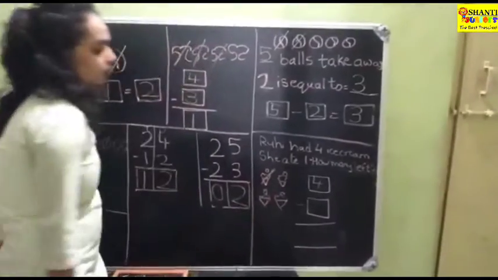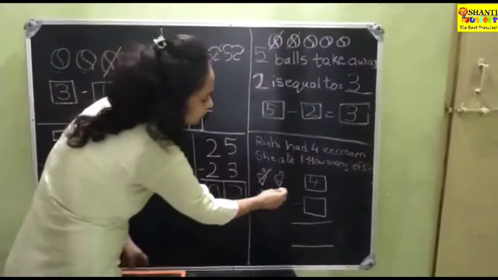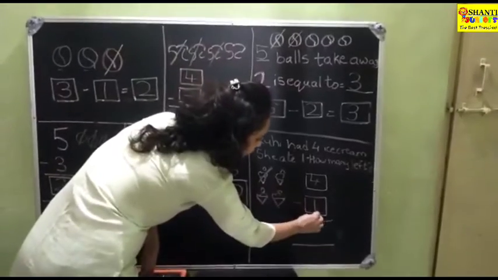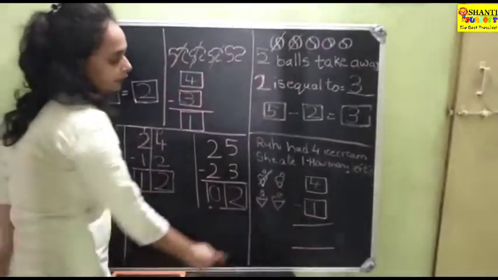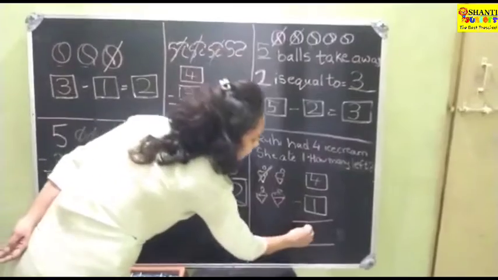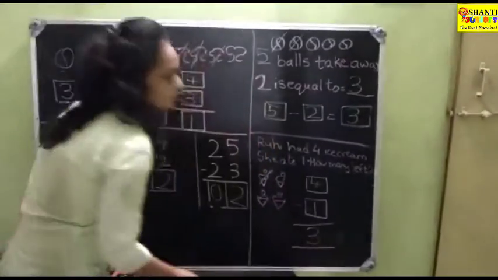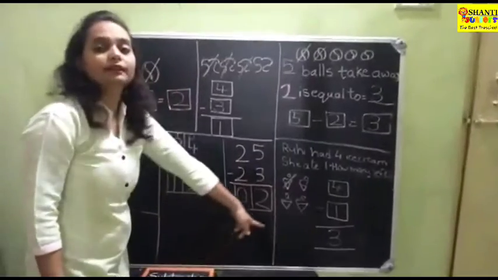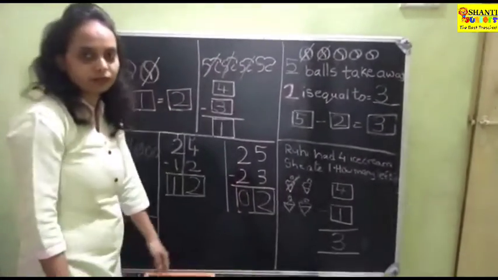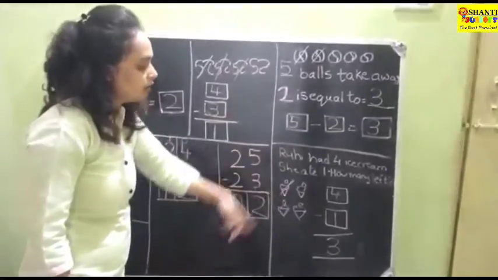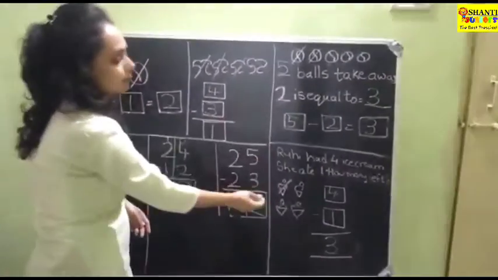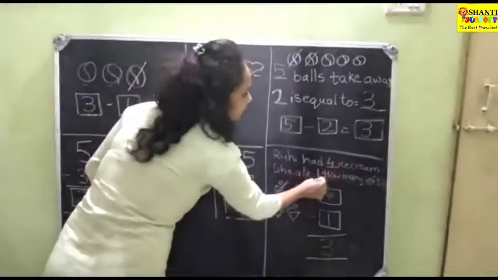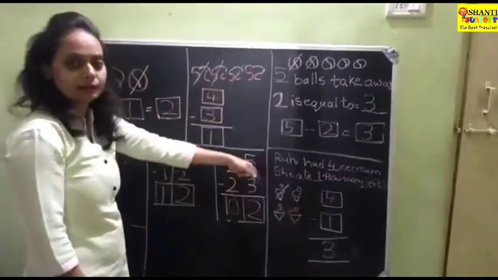Now how many are remaining? 1, 2, 3. So how many are left, you have to say? You are going to say 3 ice creams are left. Okay. So like this you have to do the word problem. Whenever you do a word problem, you have to underline the numbers, so it will be visible for you.